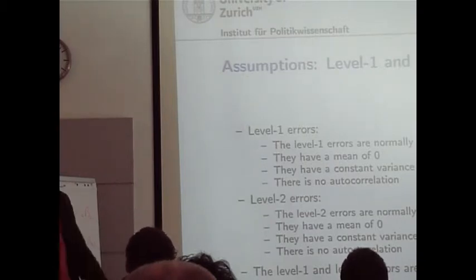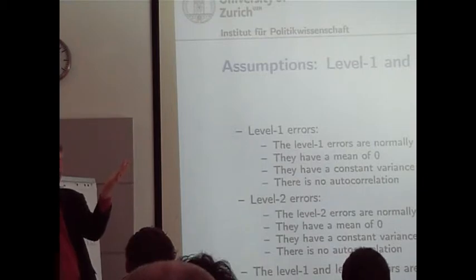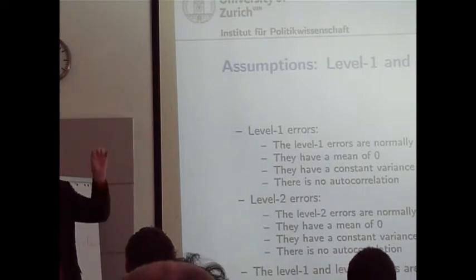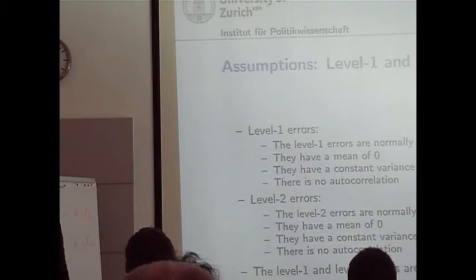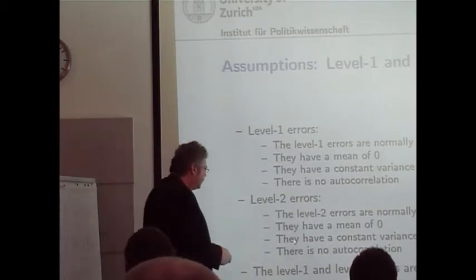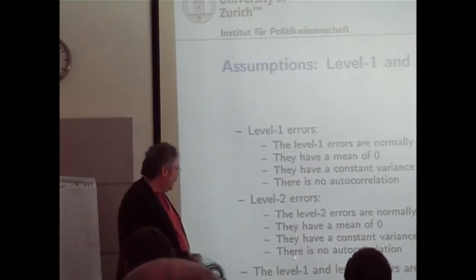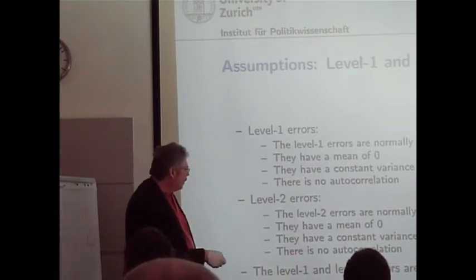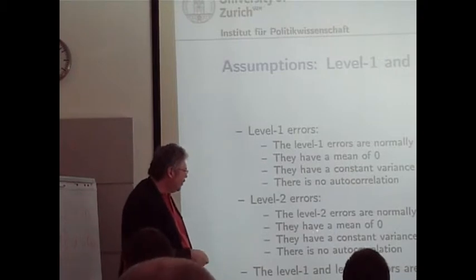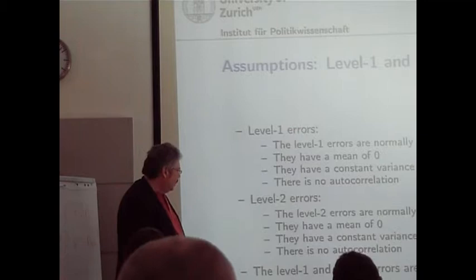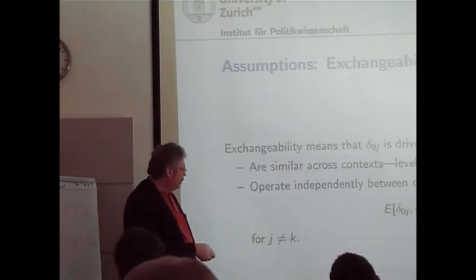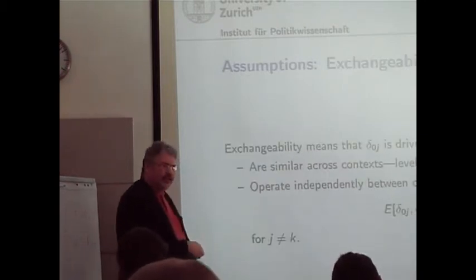So when you look at the individuals within a particular cluster or context, we assume their observations to be independent from one another. The level 2 errors, I think I mentioned: they are normally distributed, have a mean of 0, a constant variance, and there's no correlation, which is this assumption here.